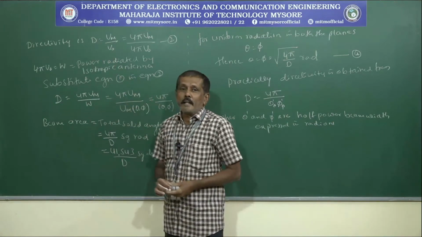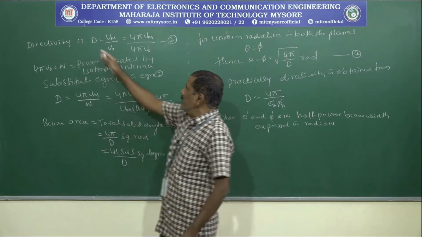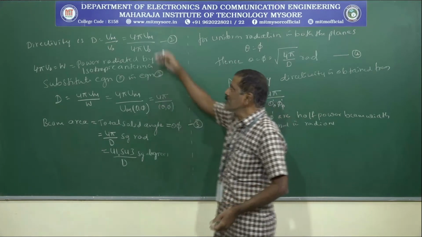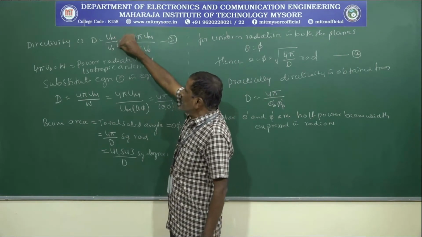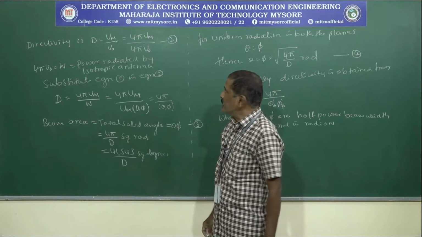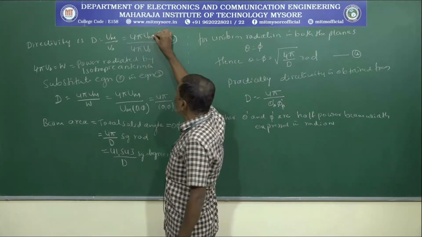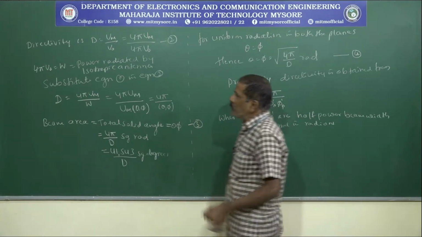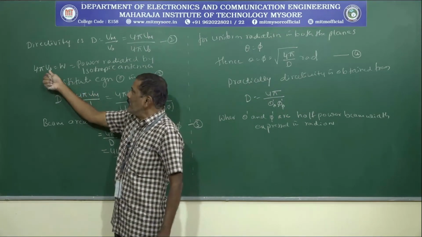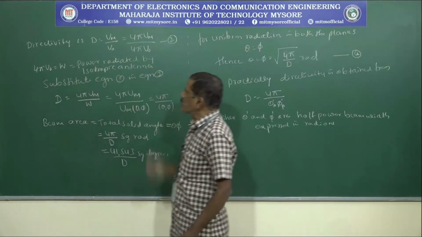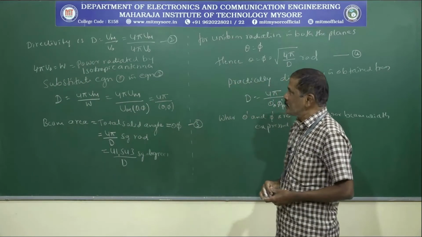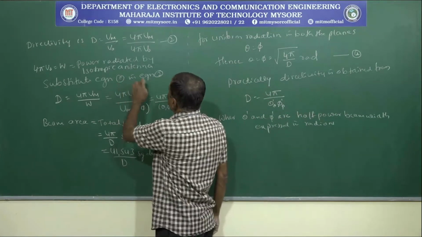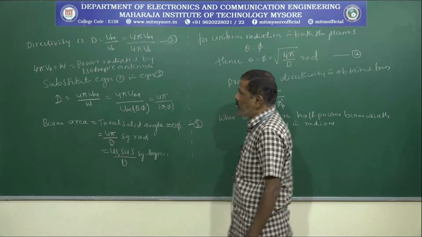Now, the directivity D is equal to Um divided by U0, that is the maximum radiation intensity to the average radiation intensity. So, this is equal to 4 pi Um divided by 4 pi U0, and we know that 4 pi U0 is equal to W, that is nothing but the power radiated by the isotropic antenna. Now, substitute equation number 1 in equation number 2.